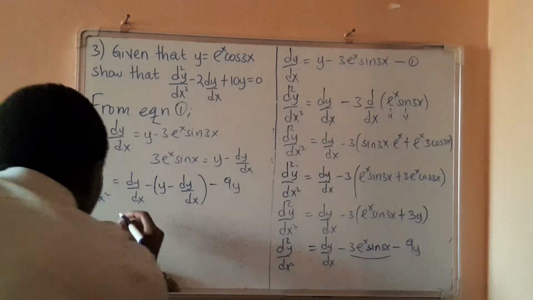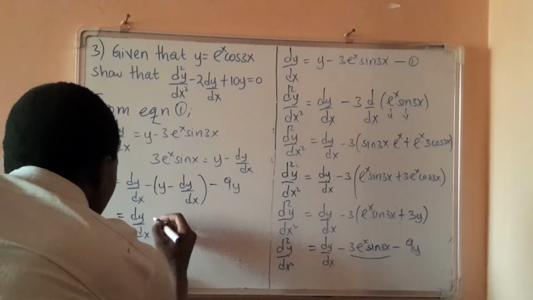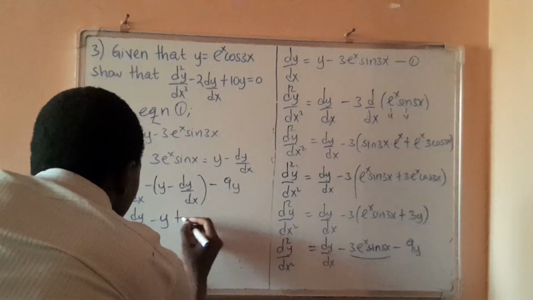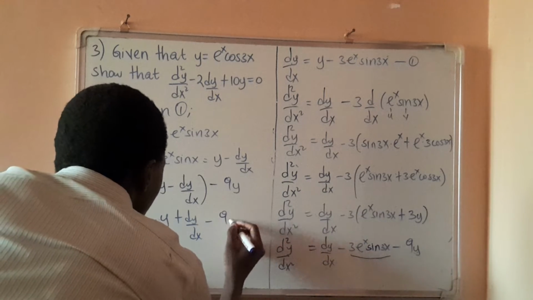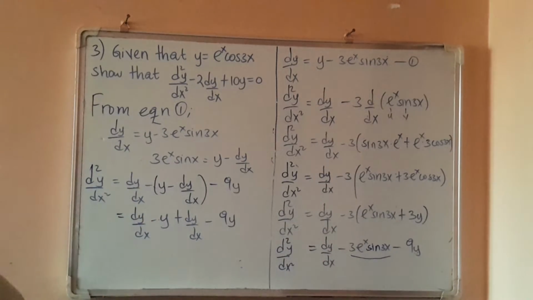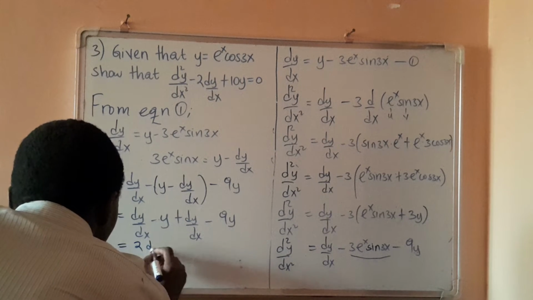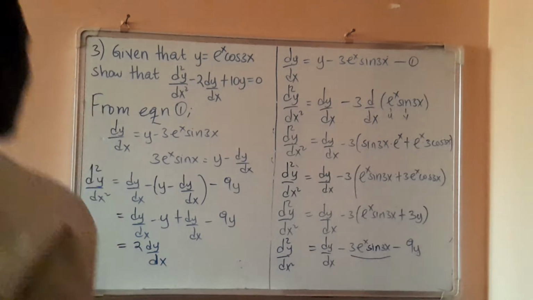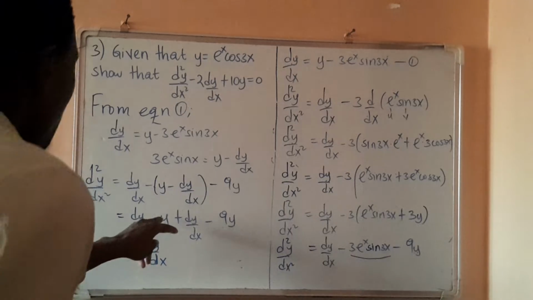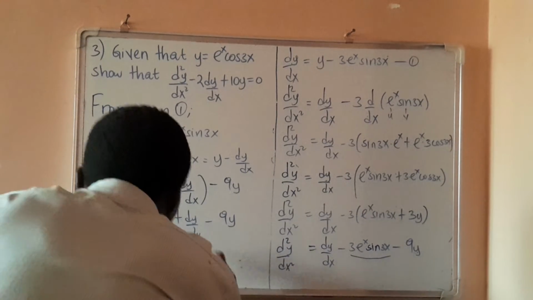Simplify. This is dy dx, open brackets, minus y plus dy dx, minus 9y. Then this and this simplifies to 2 dy dx, then negative y minus 9y, that is negative 10y.